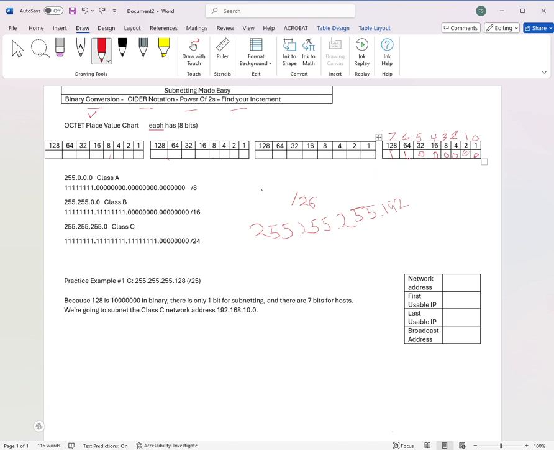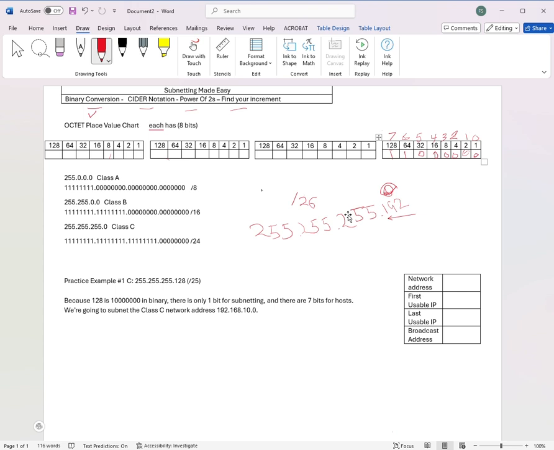And when we combine 128 plus 64, we get 192. And that's how we get our answer of 192. So binary conversion is the key to subnetting.